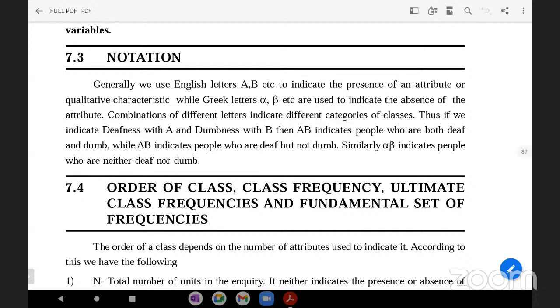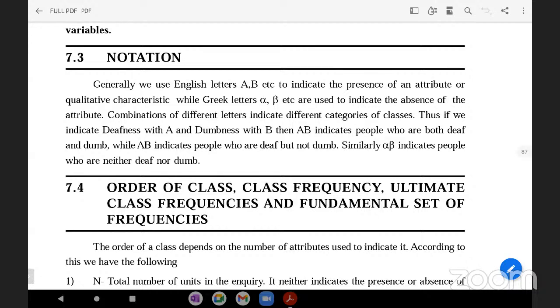In the notation form, English letters A, B indicate the presence of attributes, and Greek letters alpha, beta indicate their absence. These are the classification data information.